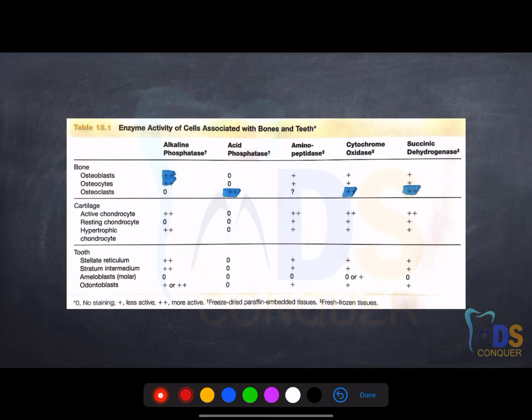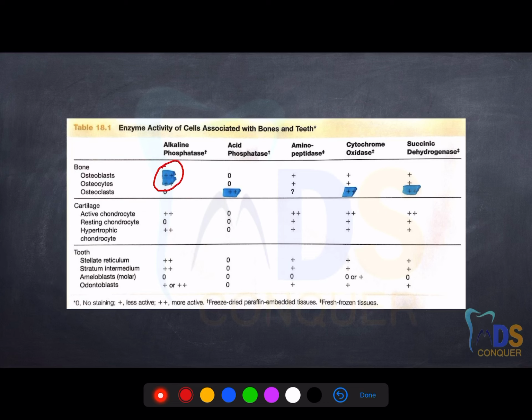And coming to the enzymatic activity, nowadays you can see NEET 2020 has lots of questions on enzymes. Most of them are related to general medicine and physiology, but of course they can ask questions in this particular area also. Which cells have which activity more is a regularly asked question. For example, odontoblasts and osteocytes have alkaline phosphatase, which is more active.